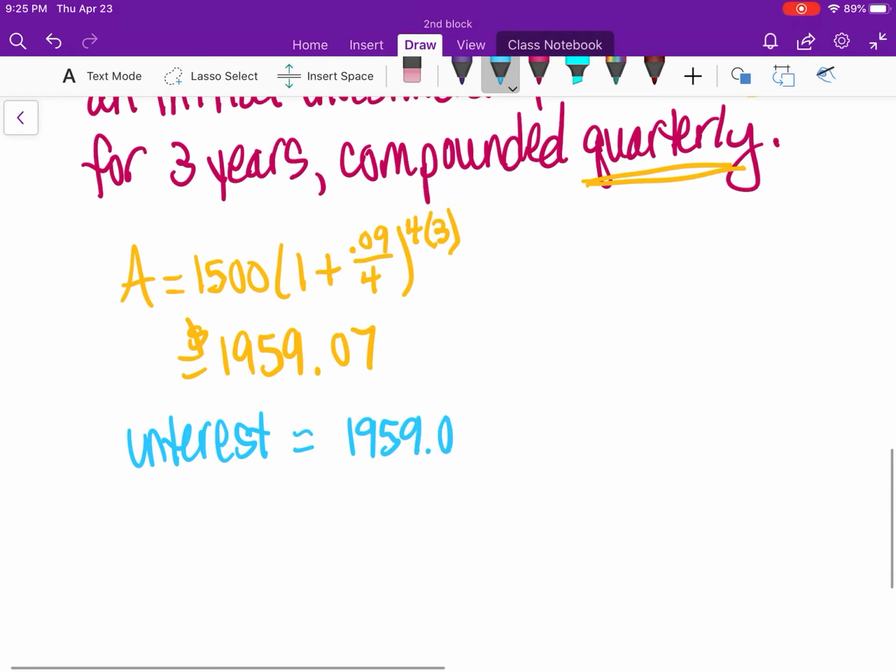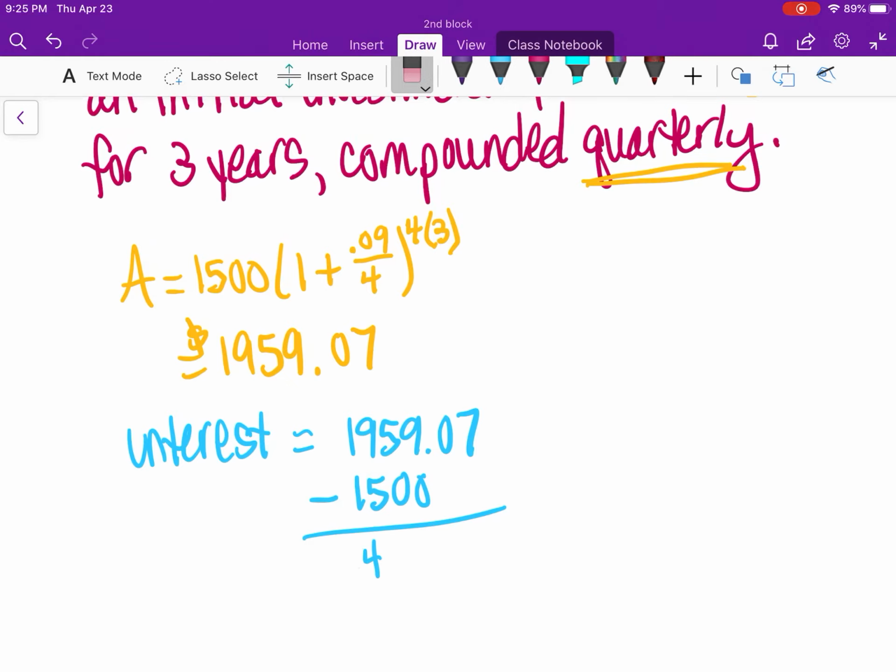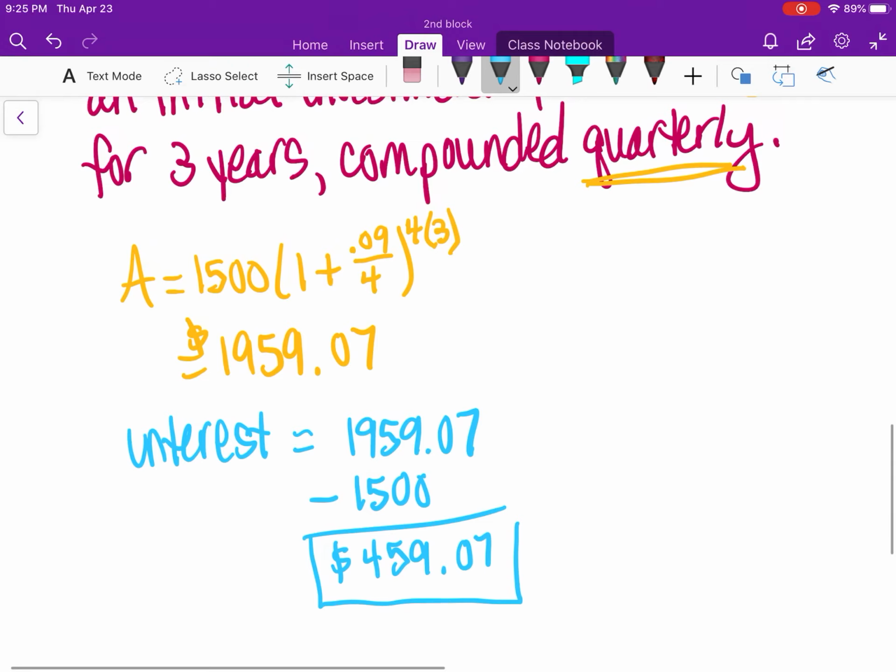So you're going to take 1959.07 and subtract 1,500. Whoops, don't need the 1 there, do I? So $459.07 was earned on that account. All you had to do is leave it in the account for 3 years and not spend it.